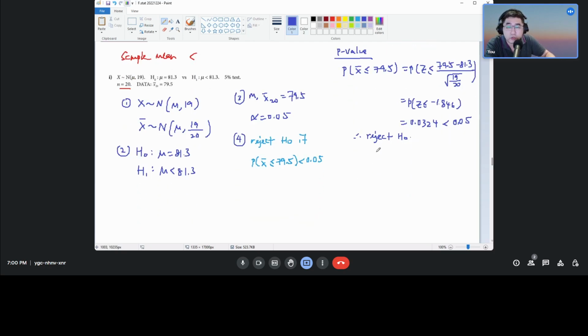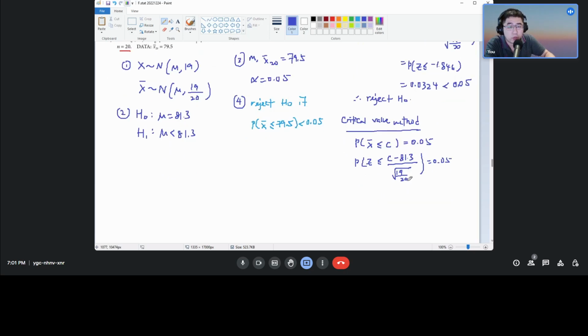Then if I want to use the critical value method, P of bar X lesser than or equal to C equals 0.05. So P of Z lesser than or equal to C minus 81.3 over square root of 19 over 20 equals 0.05.